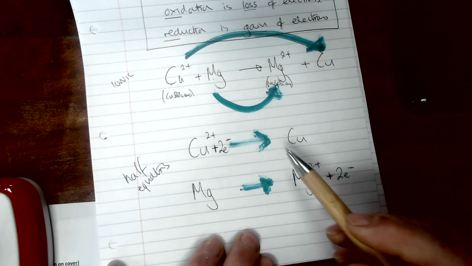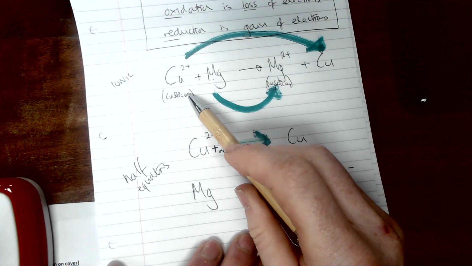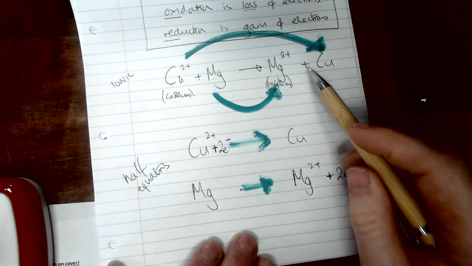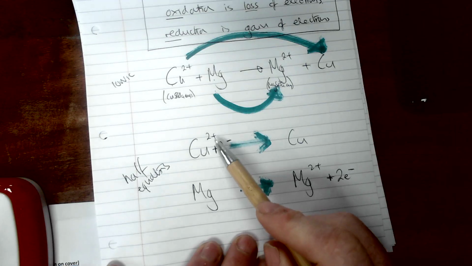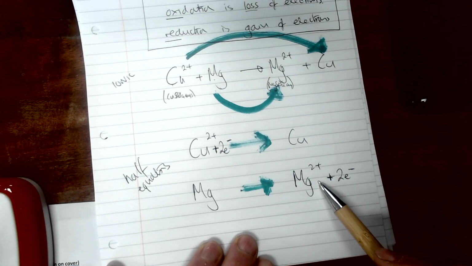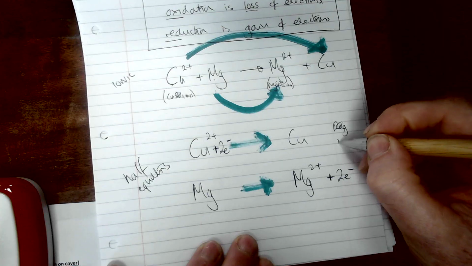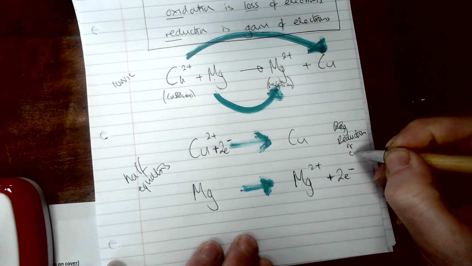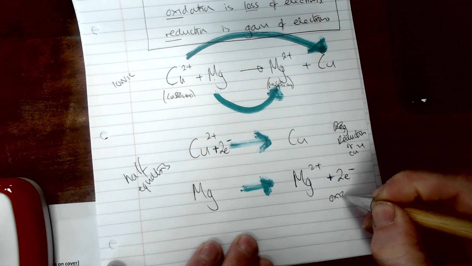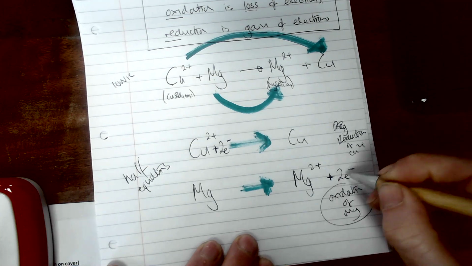And what we can see is in the reaction above, the one that I drew out in full, this is a redox reaction because something lost electrons and something gained electrons: the copper 2+ gained electrons, and the magnesium lost electrons. So we've had gain of electrons, reduction of copper 2+, and oxidation of Mg.